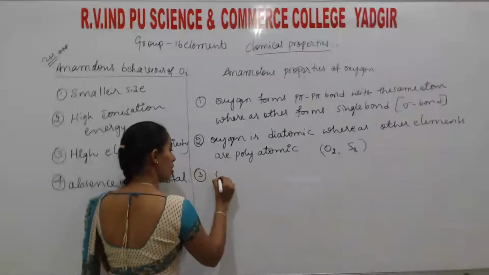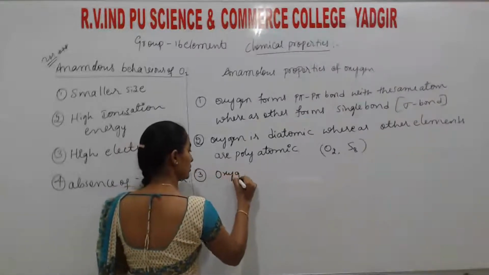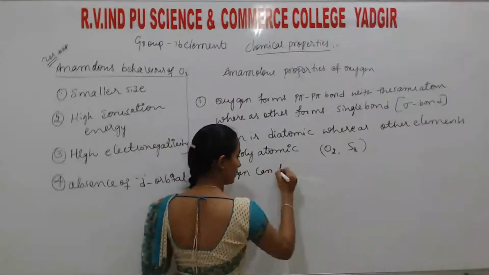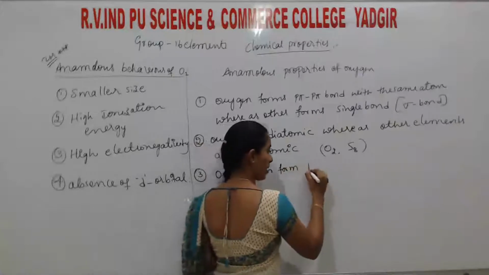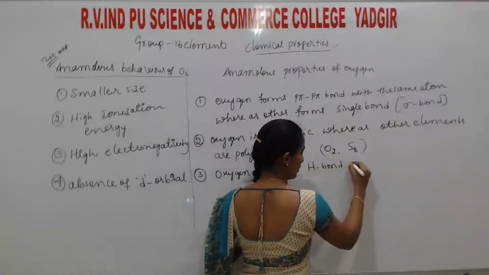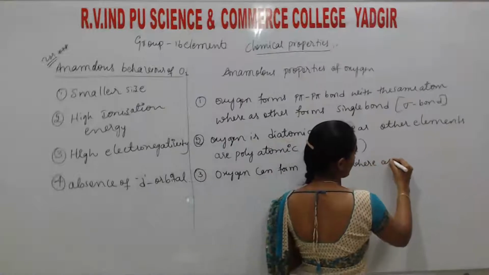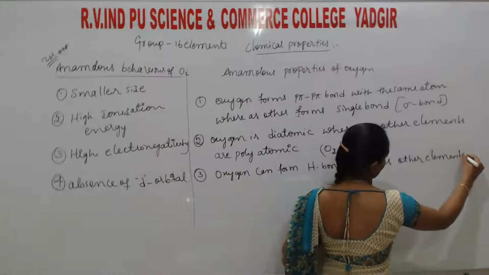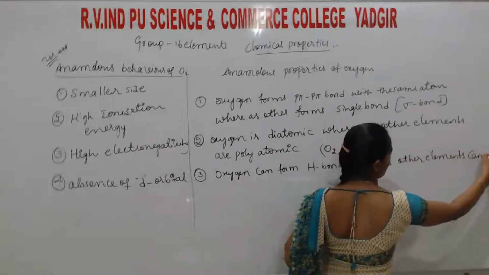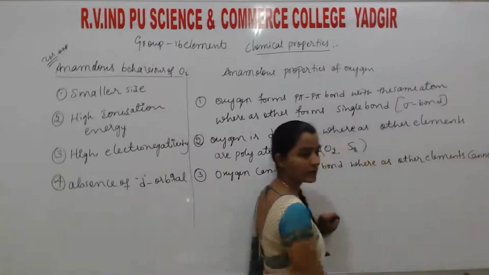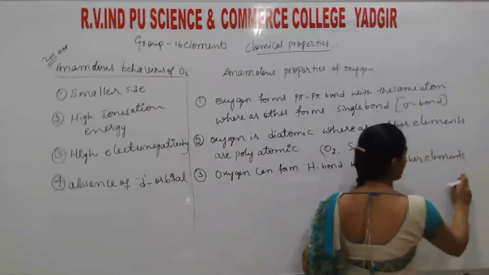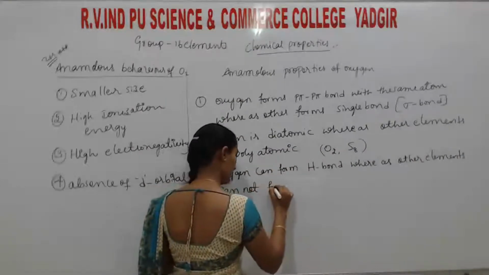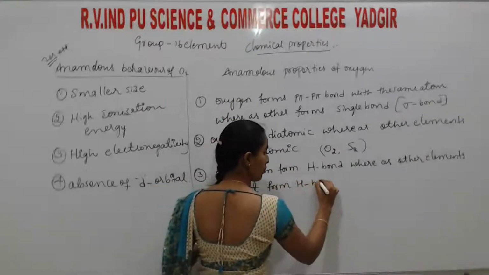Third one. Oxygen can form hydrogen bond, whereas other elements cannot form hydrogen bond.